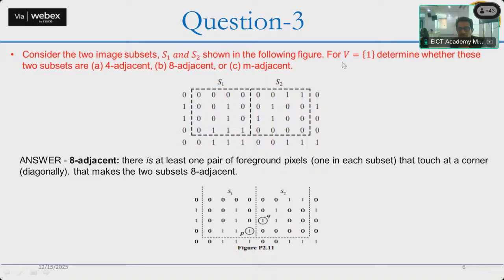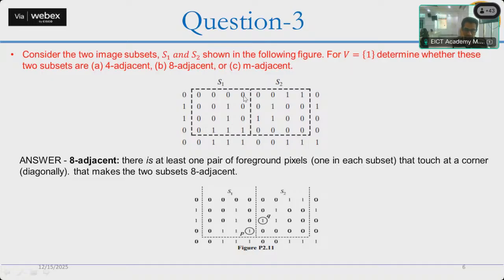Now for V equal to 1, determine whether these two subsets are 4 adjacent, 8 adjacent, or M adjacent. What is V? V is basically the basis, right? On that basis only, we can decide whether it fulfills the adjacency or not.